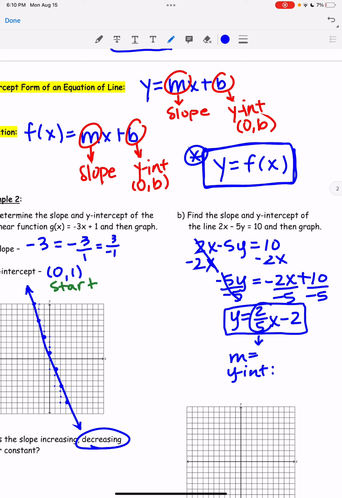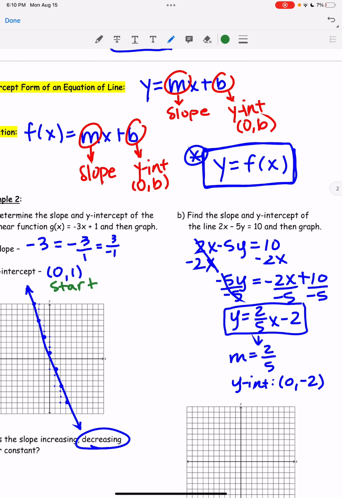My slope is what's with the x, so we've got 2/5. And then my y-intercept is what's not with the x, so it's this -2. So I've got (0, -2).